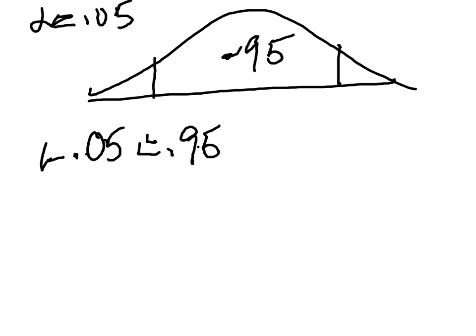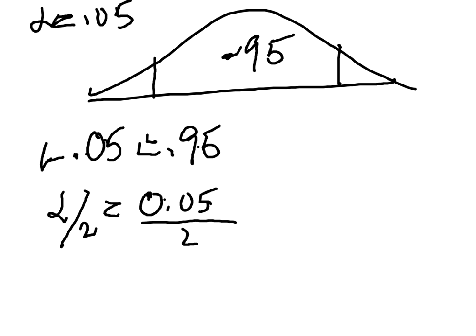And then remember, for a two-tailed test, we must find alpha over 2, and that would be 0.025. If I write slower, maybe I can get it to work a little better.